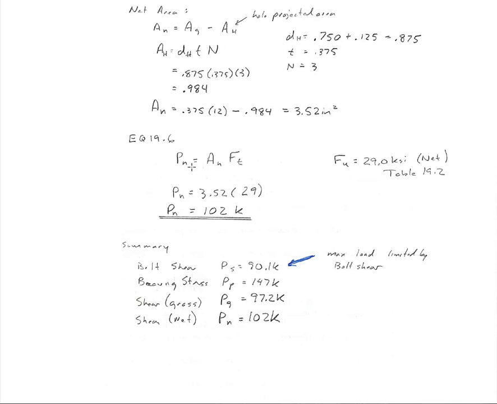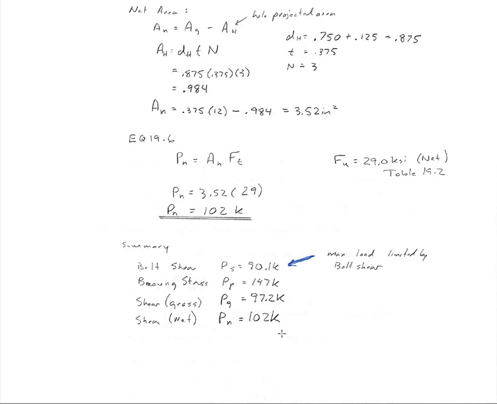Then for the tensile load based on the net area, we use a different strength out of 19.2, and we get 102K. So if I was to summarize the 4 checks we've got here, bolt shear was 90K, bearing stress is 147K, tensile failure in the gross area is 97.2K, and tensile failure in the net area is 102K.